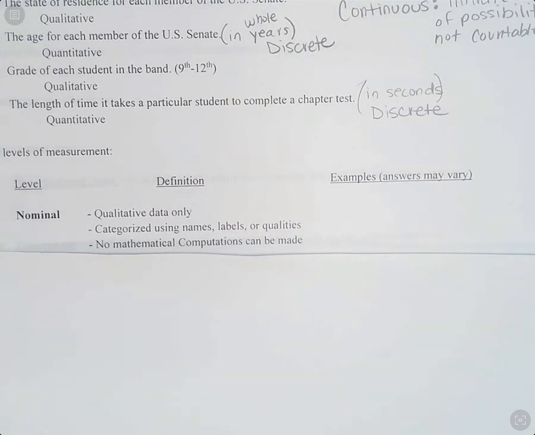It's categorized using names, labels, or qualities. And no mathematical computations can be made. It's not like we've combined the mean of, let's say, your favorite kind of food.